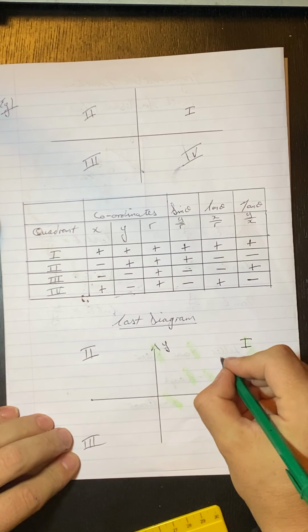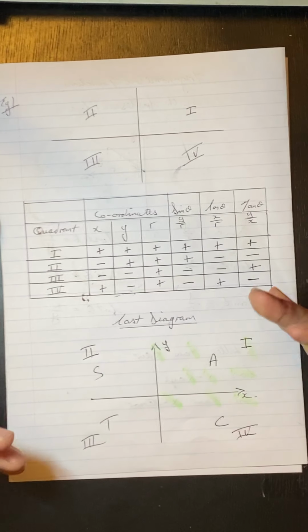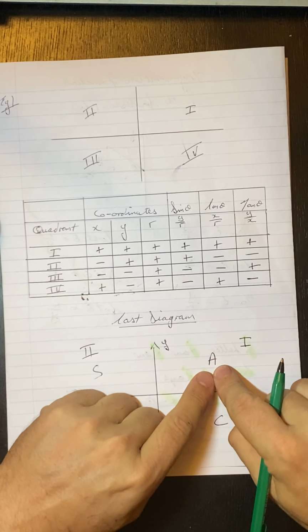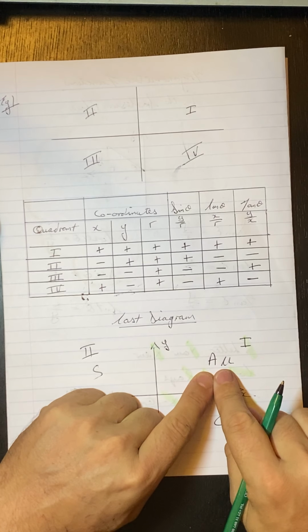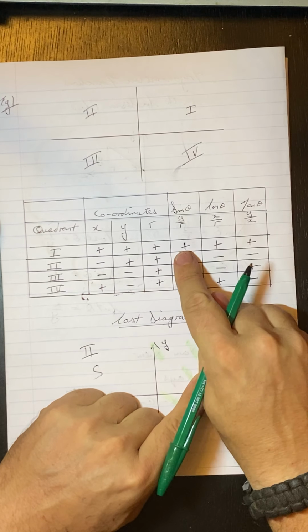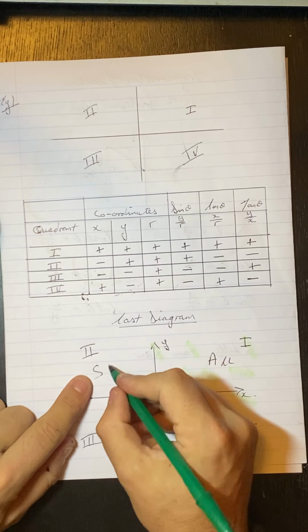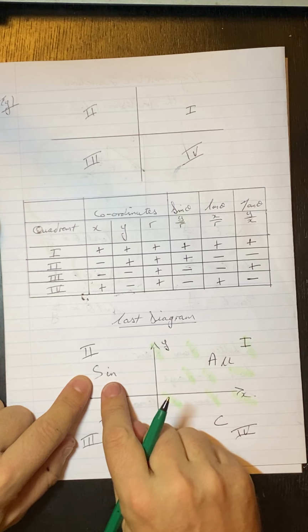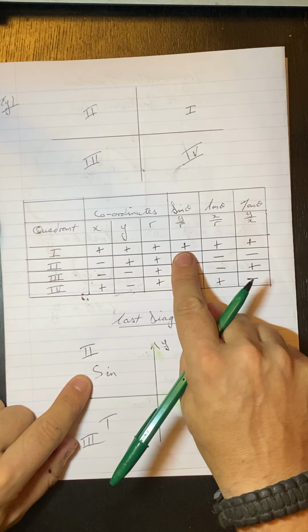I start here, C-A-S-T. And what does it mean to us? It means that all trig functions are positive in the first quadrant. We saw that over here. They're all positive in the first quadrant. S stands for sine. So that means only sine is positive in the second quadrant. And there we knew it.